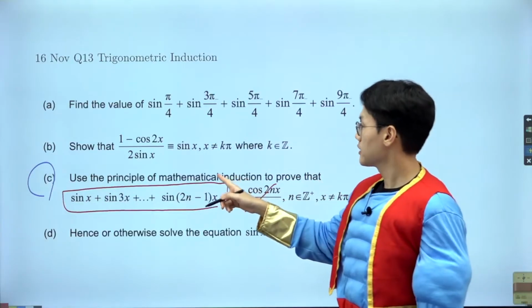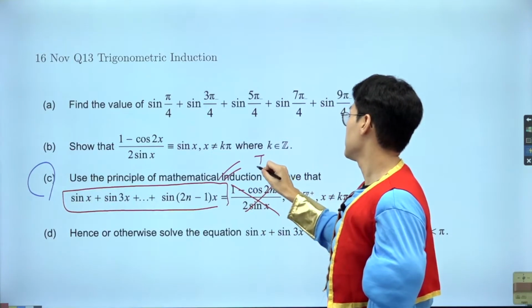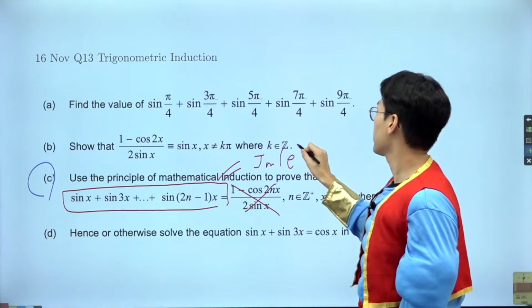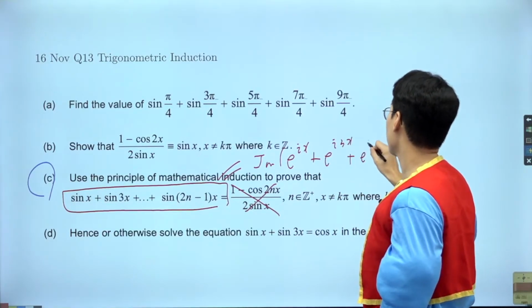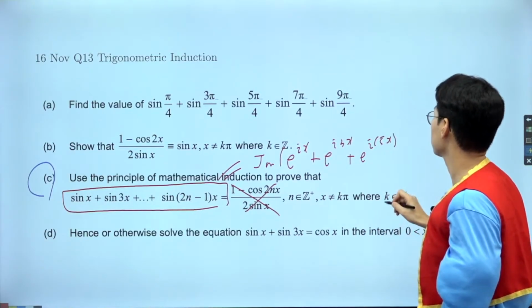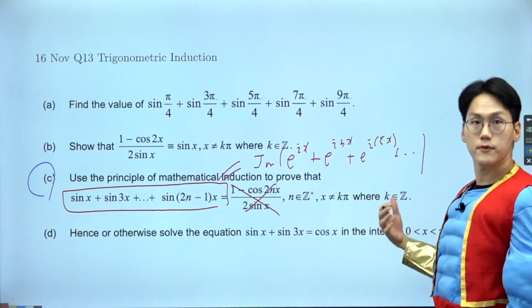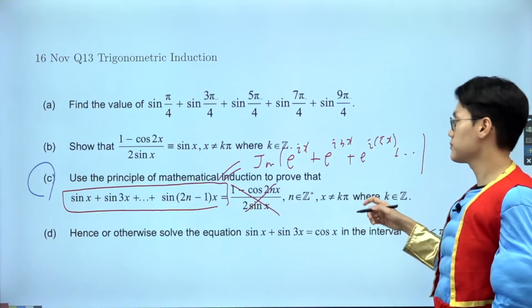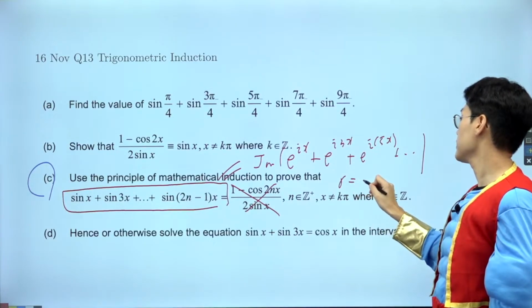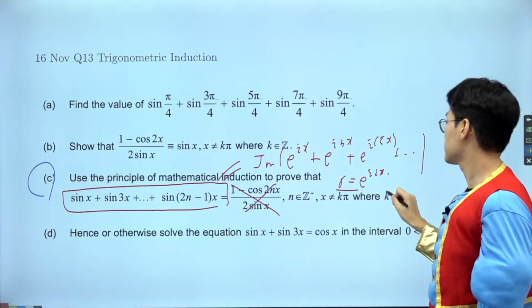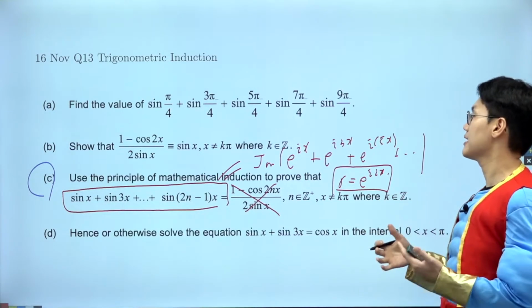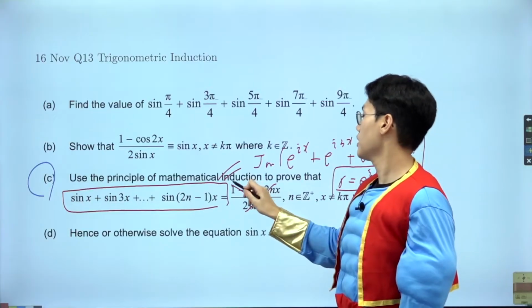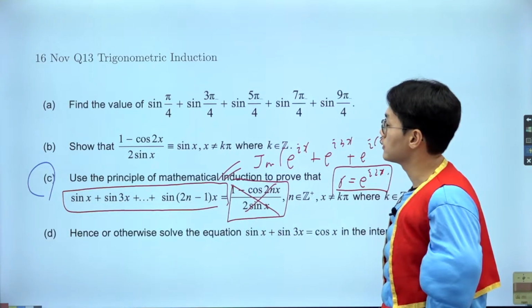And realizing that this is going to be written as the imaginary part of e to the power i x, and then e to the power i 3x, and then e to the power i 5x, the odd terms, you realize that, oh, okay, hold on a second, this forms a geometric series. Maybe I can simplify this even further with the common ratio of e to the power i 2x. And I can use the geometric series formula to simplify. It's a great start to derive an identity even without being given the result, right?